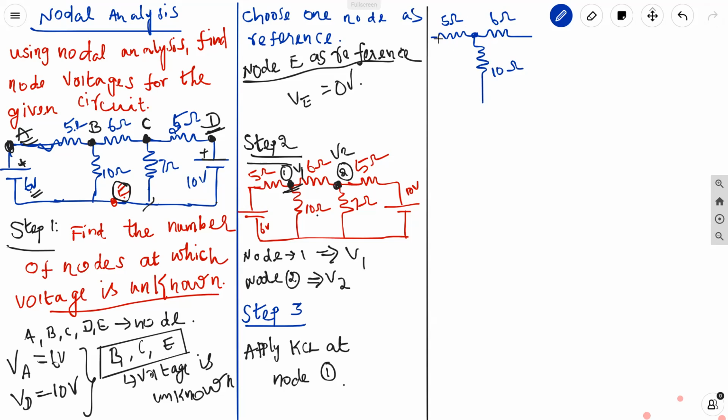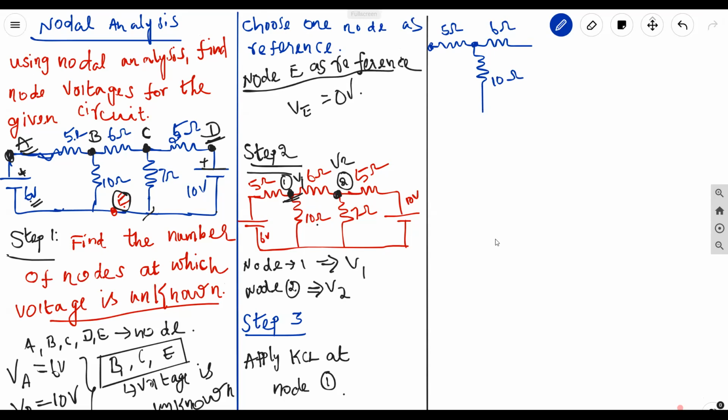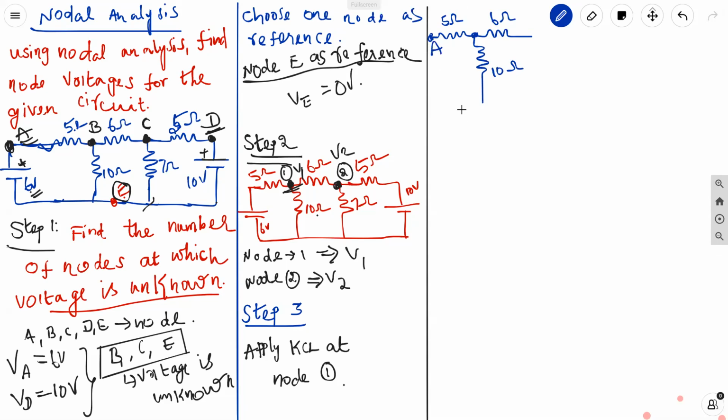This 5 ohm is connected to point A, this is connected to point 2, that is node 2, and this point is node 1. And this point is connected to E, node E. I have drawn node 1 as the common node again here.